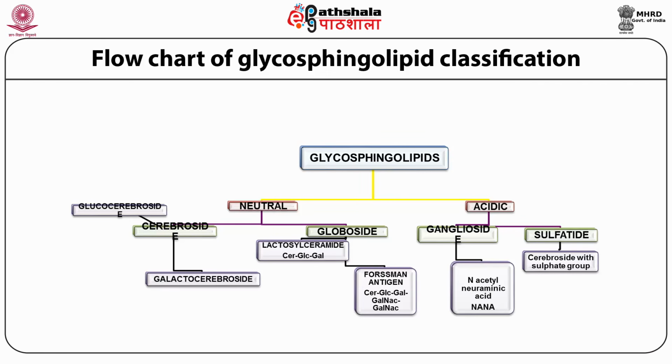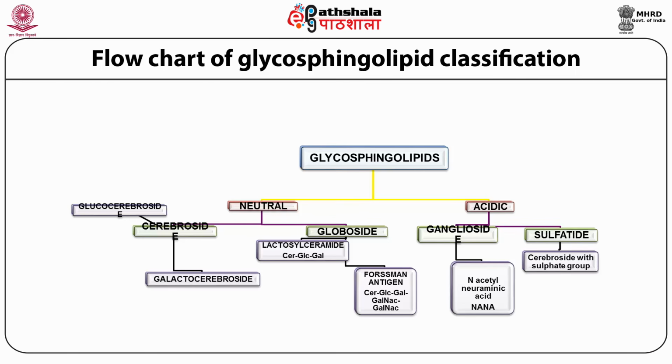Here we see a flow chart of glycosphingolipid classification. So far we've seen that glycosphingolipids can be neutral or acidic. Neutral glycosphingolipids are further classified as cerebrosides or globosides.